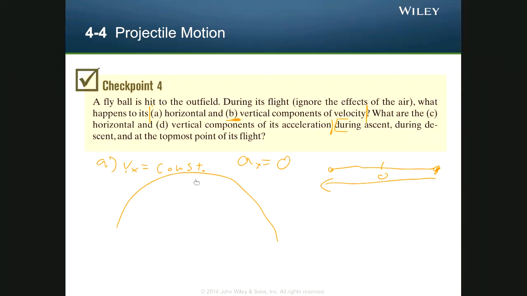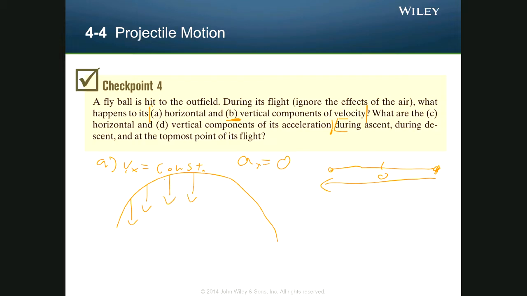I'll give you a hint. It's only one thing. Right. Well, negative 9.8 meters per second squared. All right? So you'll notice that if you draw the acceleration vector, which I should have done in a different color, it always points down and is always minus g through the whole process.